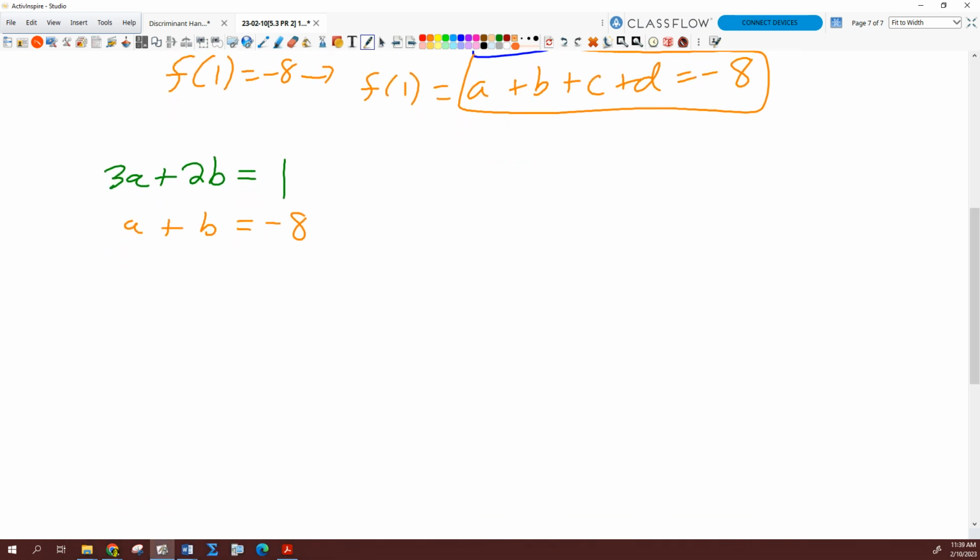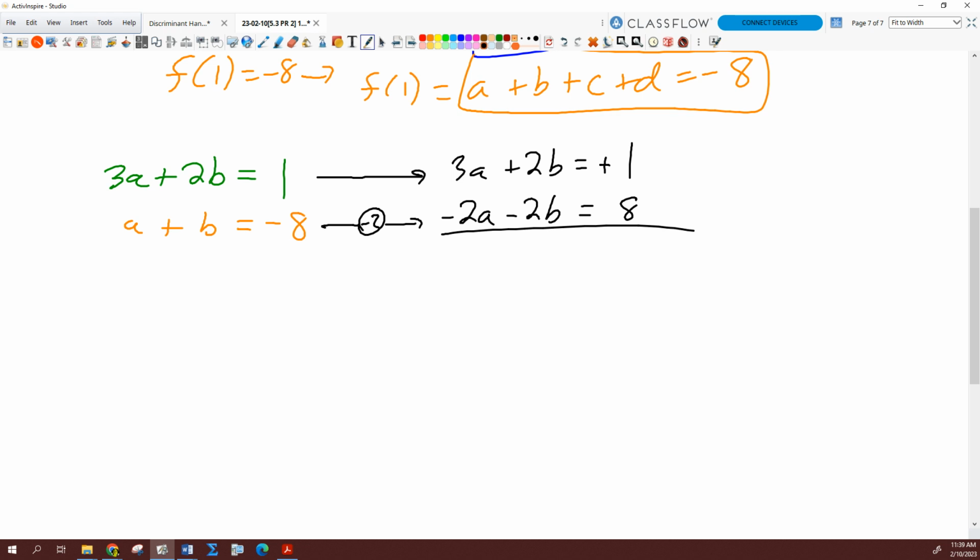You can solve that any way you want to, substitution, or probably we'll use elimination, I bet, huh? So if we just leave that one alone and multiply that equation, distributing a -2 through, we'd get 3a plus 2b equals +1. Down here we'd get -2a minus 2b equals +8.